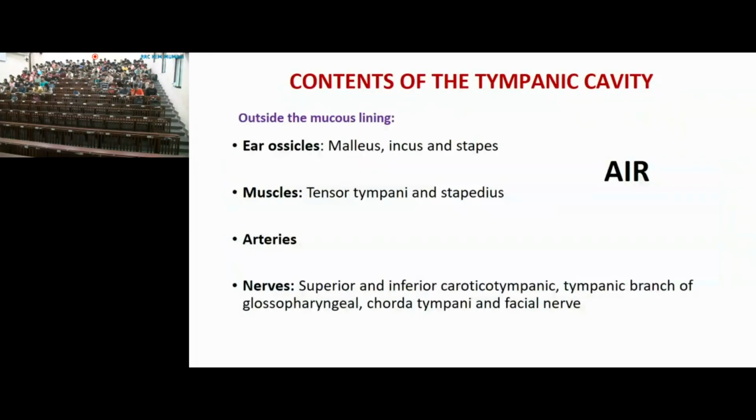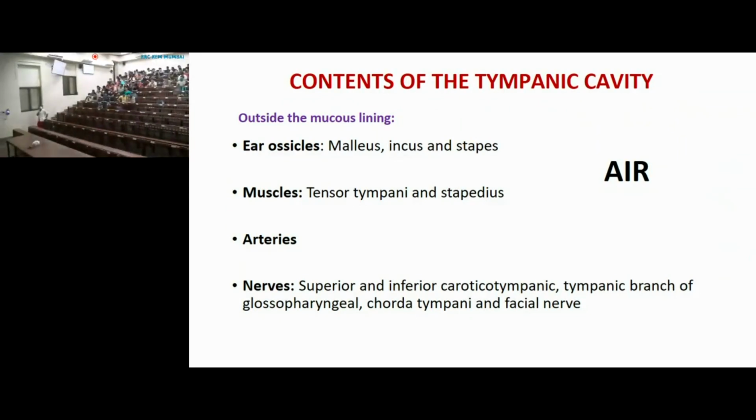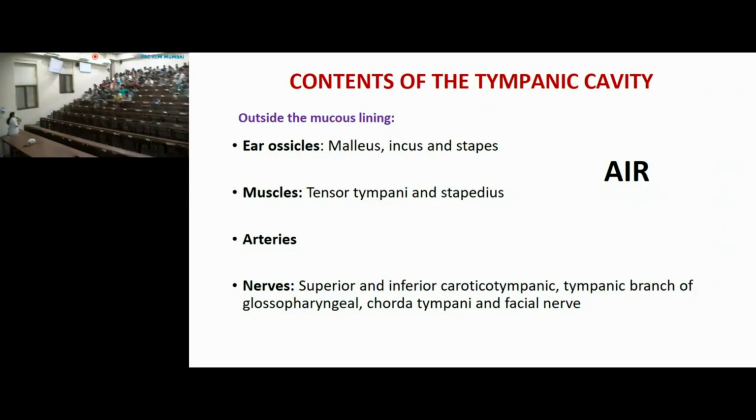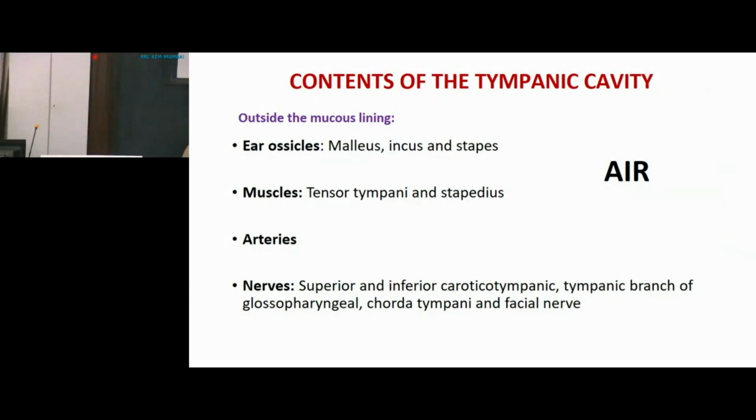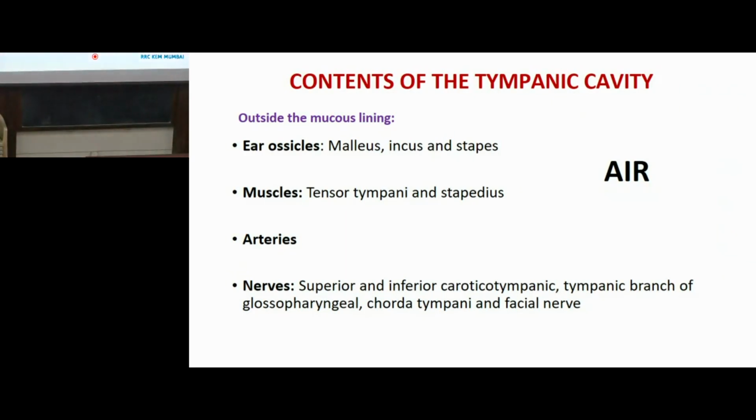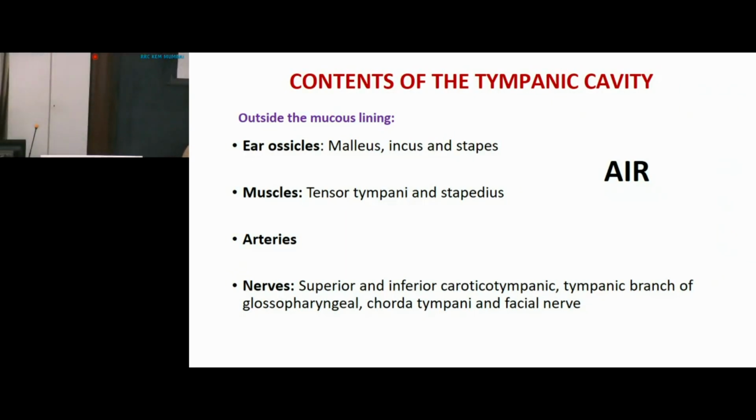Now coming to the contents of the middle ear cavity. What is the genuine content of the middle ear cavity? The middle ear cavity is covered by mucous membrane except along the ossicles, nerves and vessels.